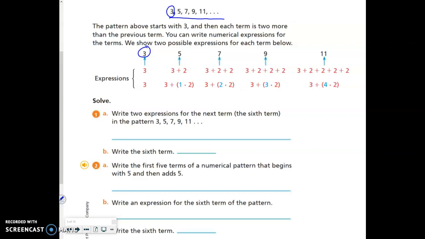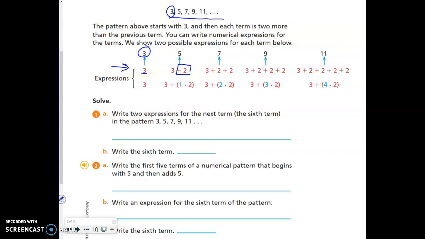Every pattern we'll go through isn't always going to start with 3, but for us right now it does. Now, one of these patterns could be considered an addition pattern, and we see that right here, starting with the number 3. Every term is simply a plus 2, and it's going to be a plus 2 however many times we are going to add those 2s. So the 3 is the first term, but the second term is starting with the 3 and adding 2.